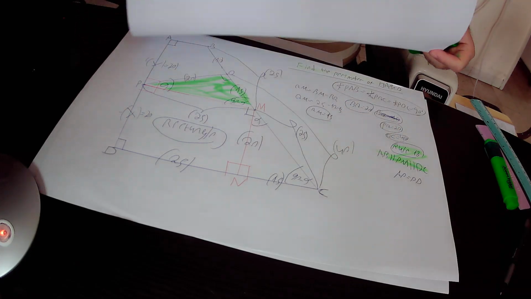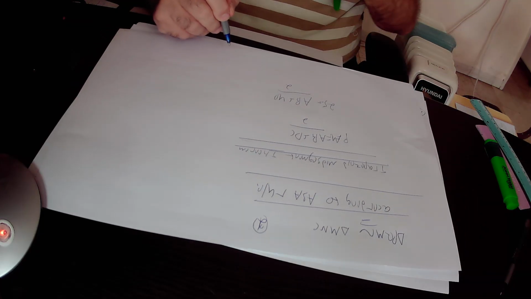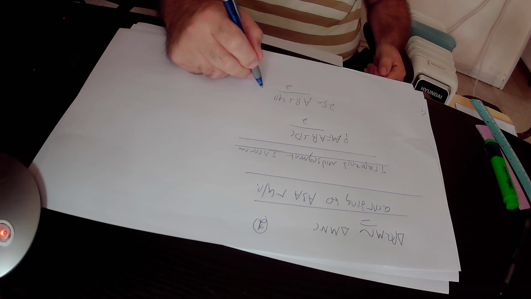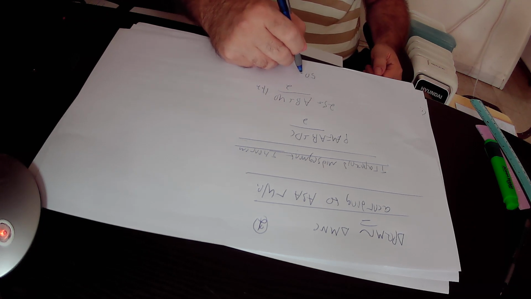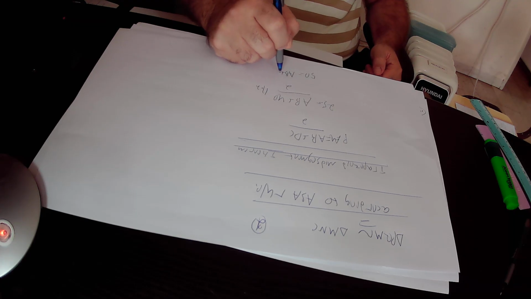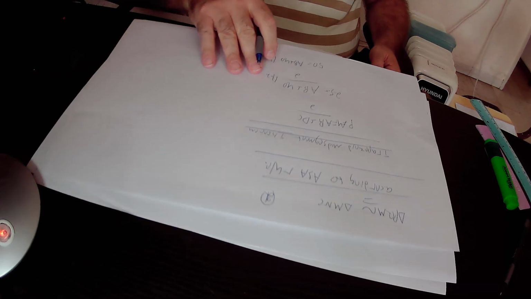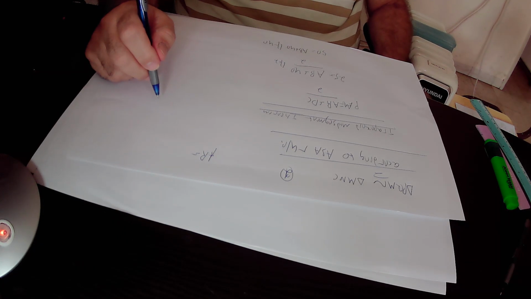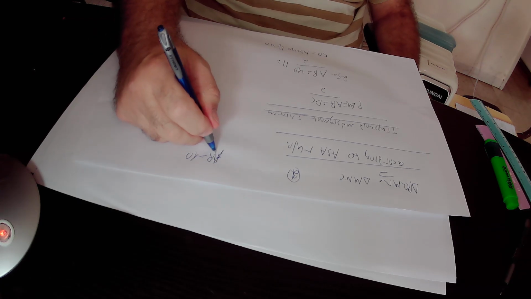So 25 equals AB plus 40 over 2. Here we multiply this equation by 2 and get 50 equals AB plus 40. Here we subtract 40 and finally get that the missing side AB is 50 minus 40, which is 10. So AB equals 10 units in length.